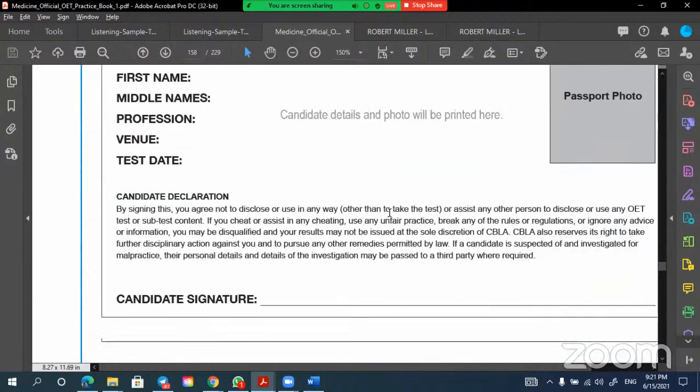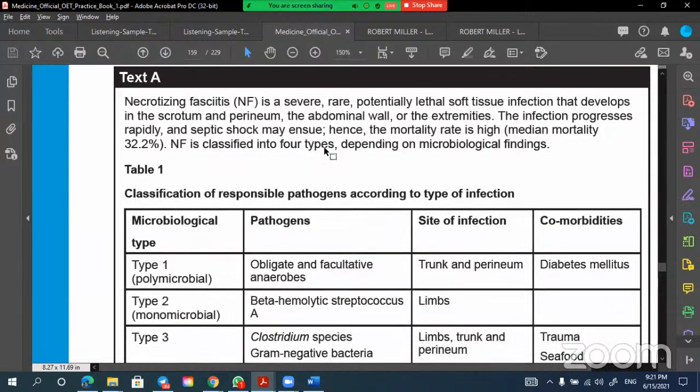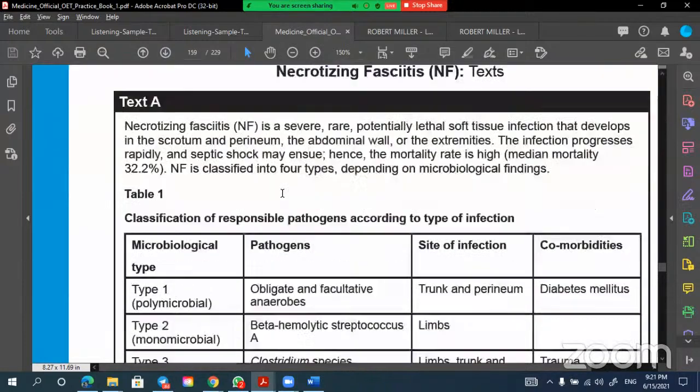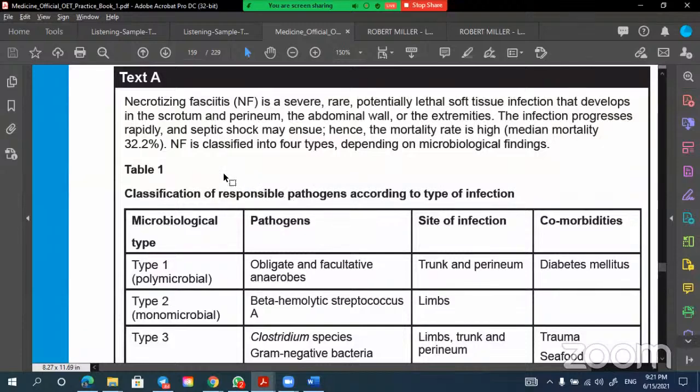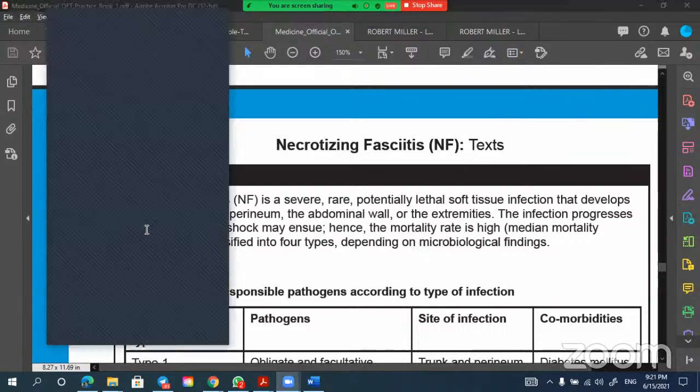So reading test part A, necrotizing fasciitis. Page number 159.